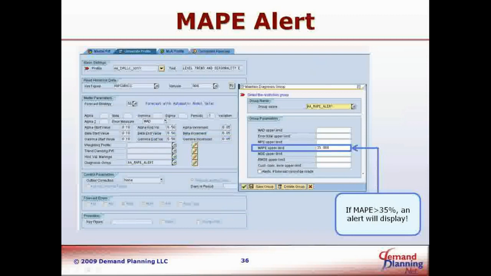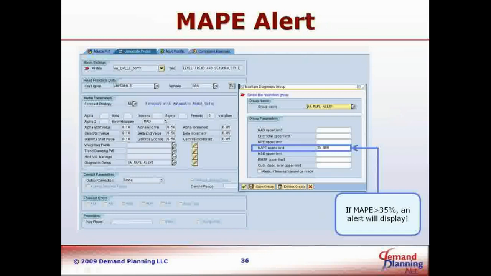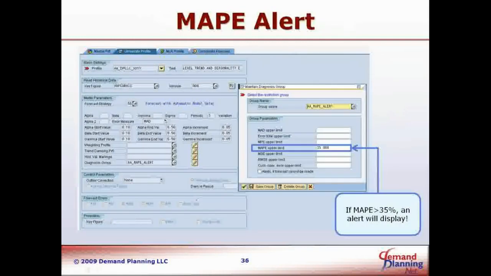And remember, this is actually in percentages. So you enter a number, and the number is converted to a percentage, right? And so this one is just a MAPE alert. The diagnosis group is a MAPE alert, and this is going to flag all of the SKUs that have a MAPE of above 35%.